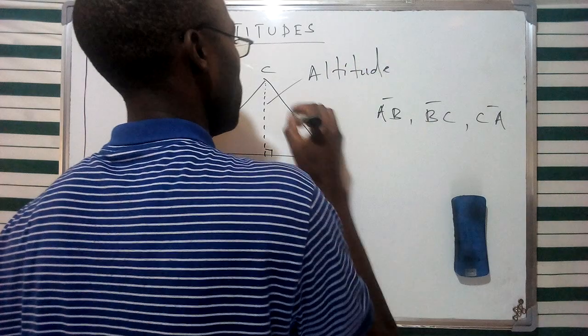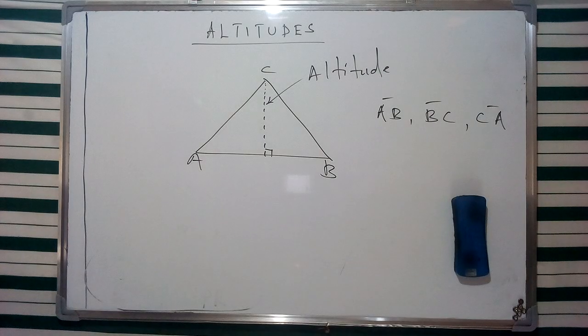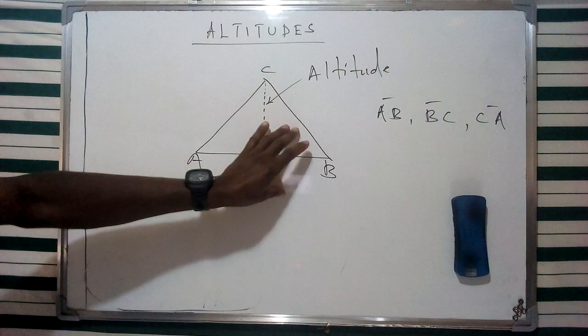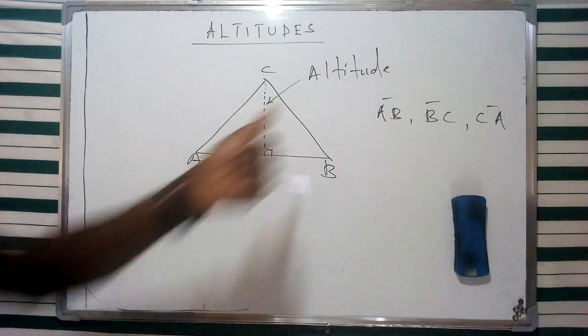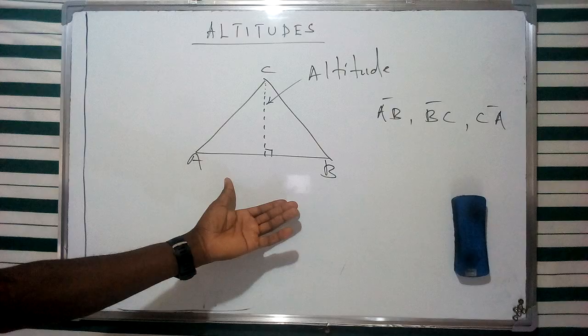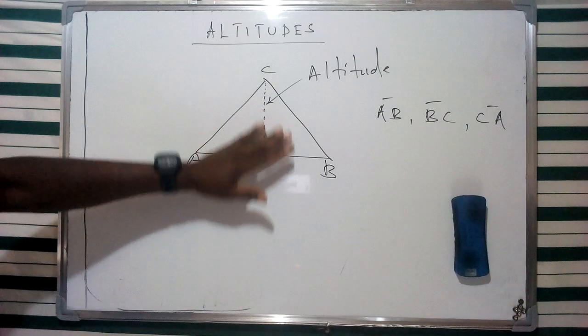Now, from our description in some of the physical sciences like geography, we see that the concept of altitude basically refers to how high something is, and we transfer this concept to geometry, whereby we describe altitude as the distance that is perpendicular to the bottom side of an angle.